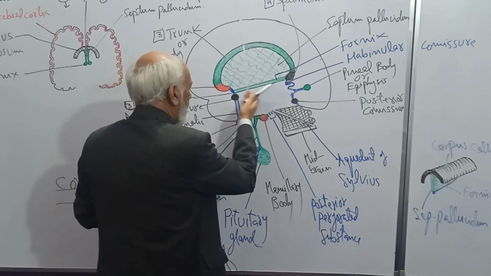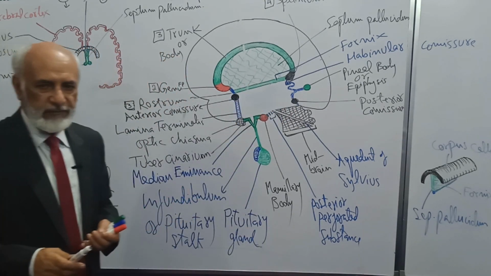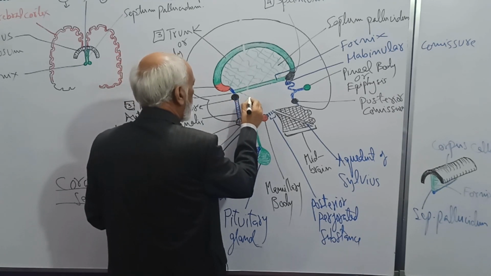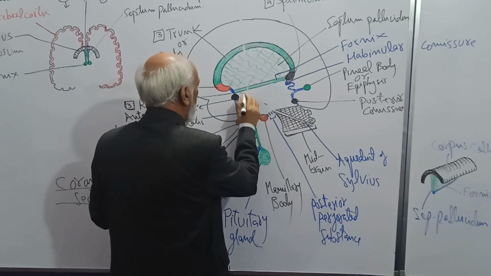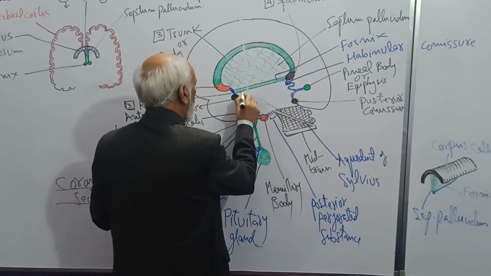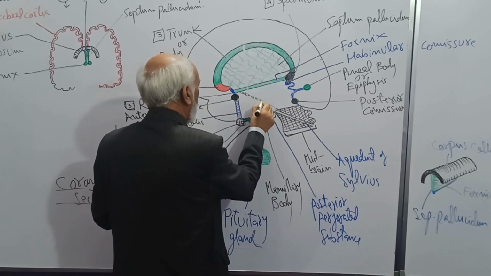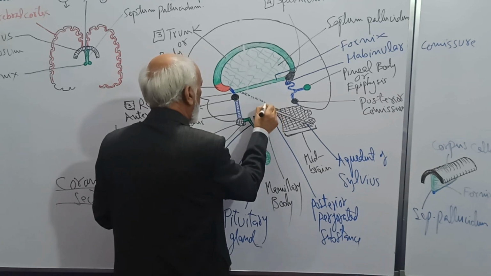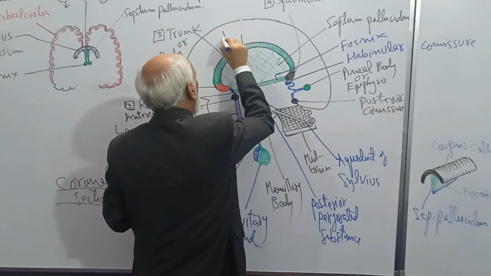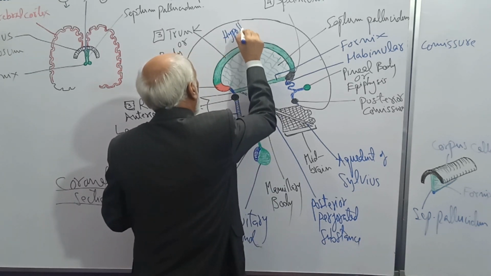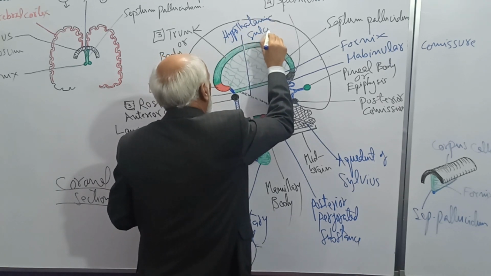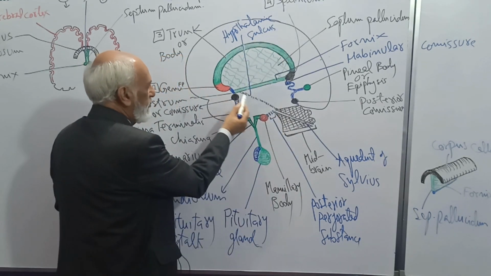So what are the structures which form the lateral wall of the third ventricle? Here there is an oblique sulcus known as the hypothalamic sulcus. This sulcus is oblique.